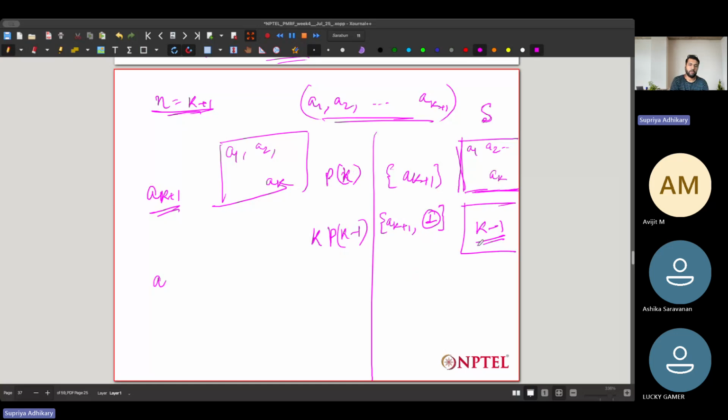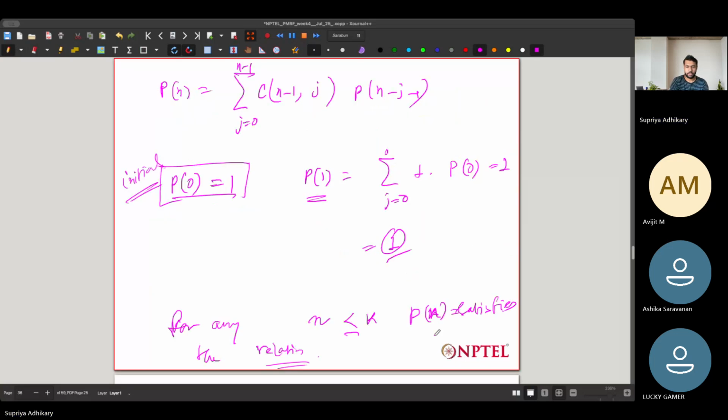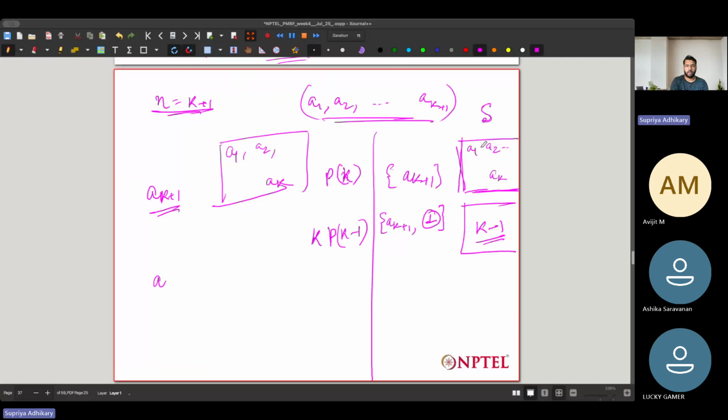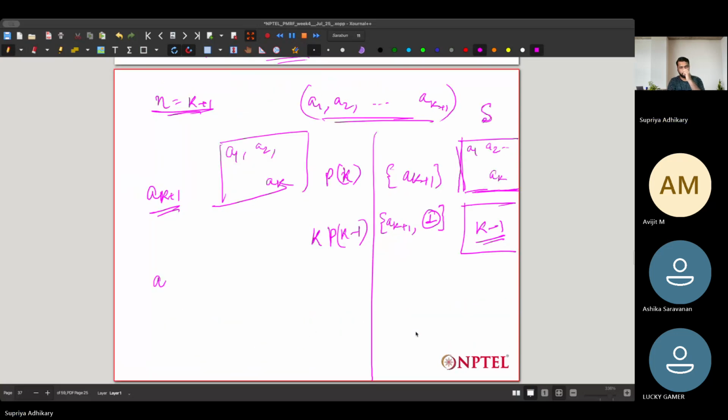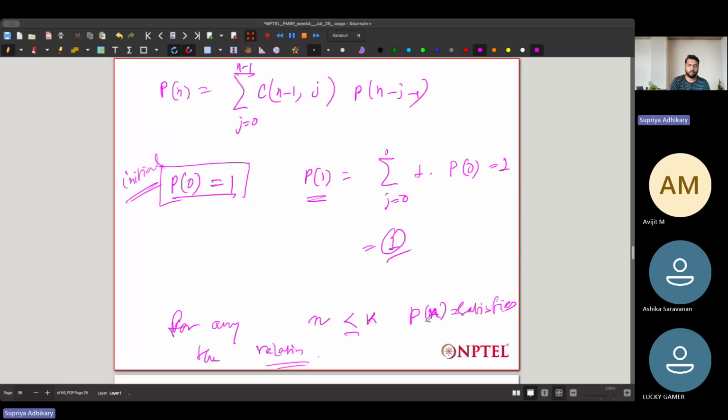This is true because we have assumed that Pn satisfies the relation for any n less than or equal to k. So we can say that Pn represents the number of partitions.